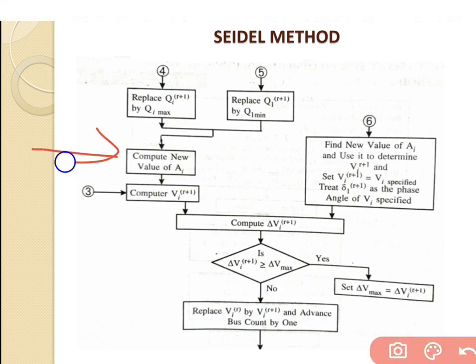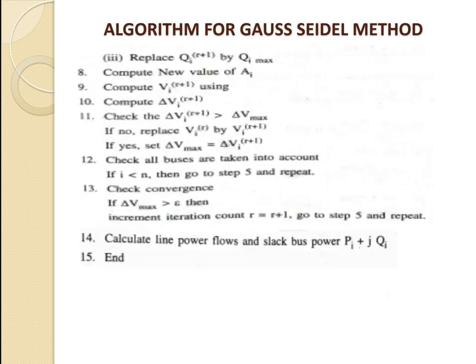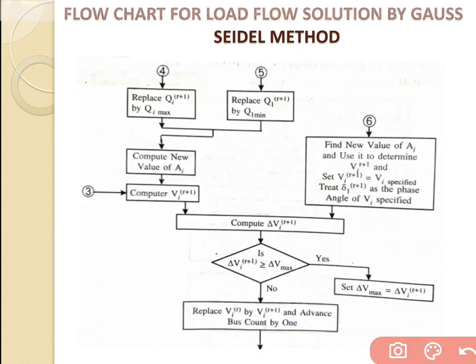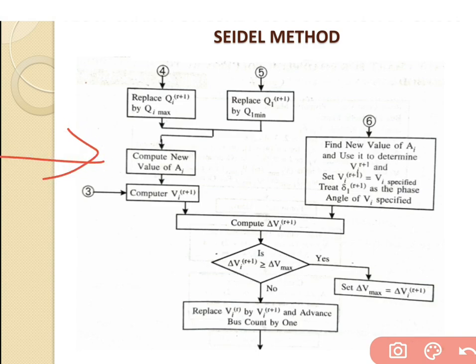Compute new value of AI. Then after step number 9, compute VI r plus 1.